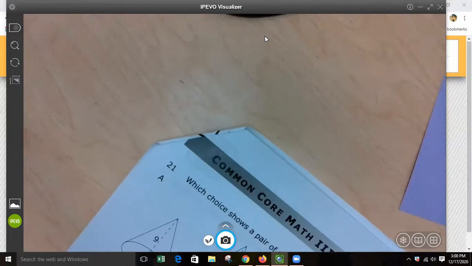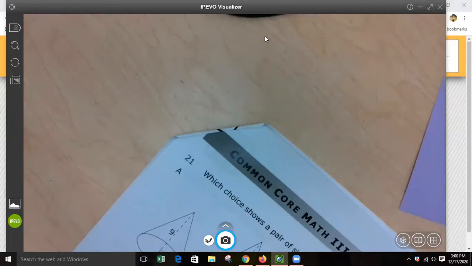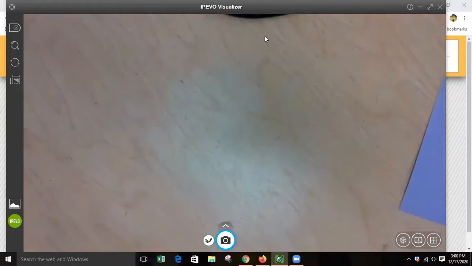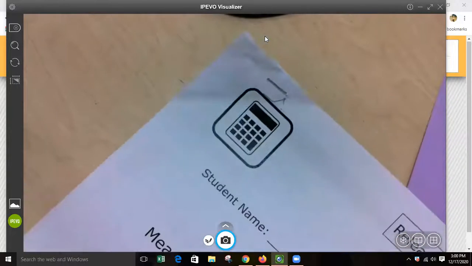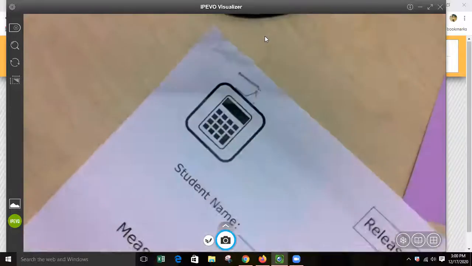I don't know which ones we have and haven't done. We did 21. I remember doing it. I think this is my answer key one. One, 2, 3.